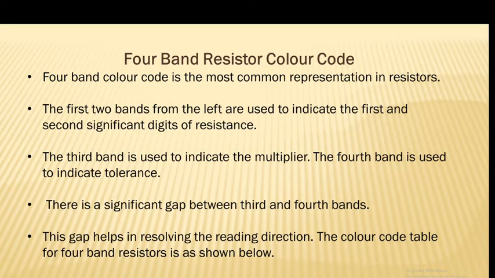The third band indicates the multiplier. The fourth band indicates the tolerance. There is always a significant gap between the third and fourth band. So the multiplier and tolerance are always separated by some gap. This gap helps in resolving the reading direction.